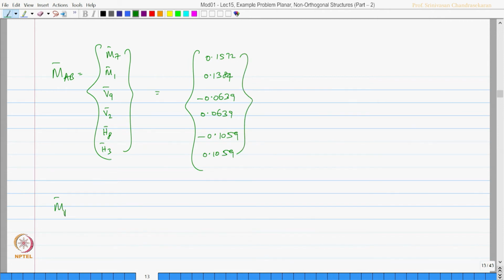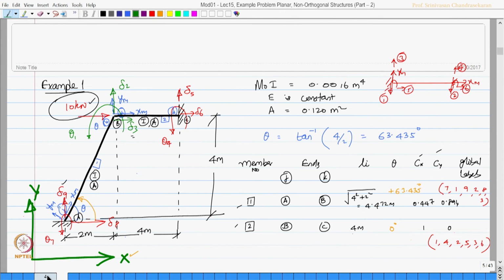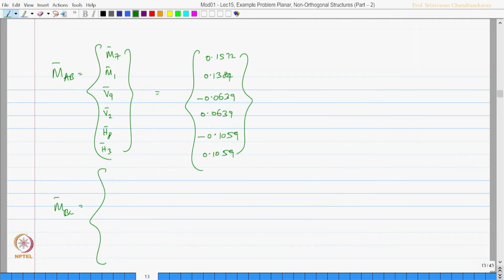Let us do it for m bar BC. Look at the labels of m bar BC: 1, 4, 2, 5, 3, 6. So, 1 and 4 are rotations, that is end moments, 2 and 5 are vertical reactions, 3 and 6 are horizontal reactions. Keeping that in mind, I can now write m bar 1, m bar 4, v bar 2, v bar 5, h bar 3 and h bar 6, is it not?